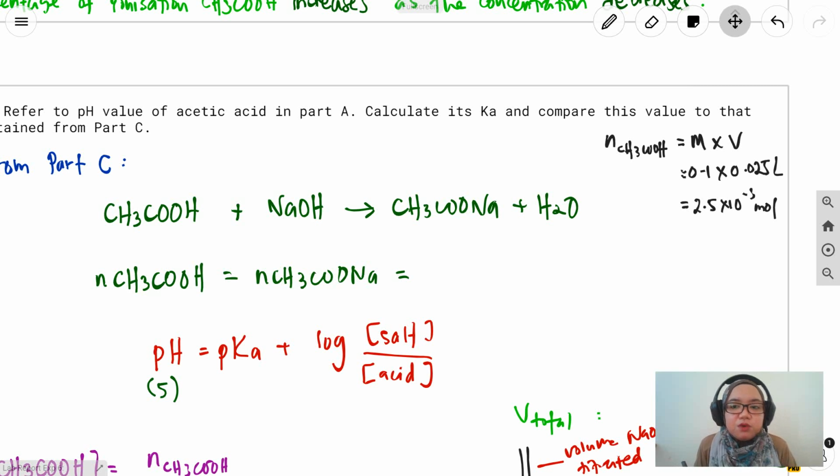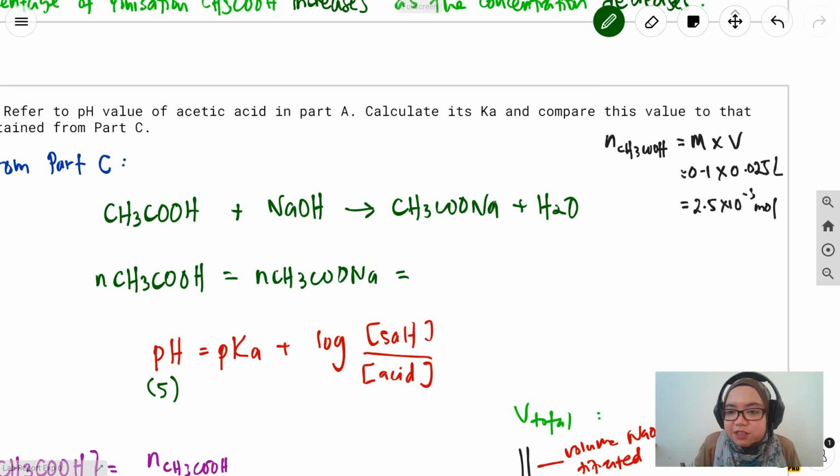It gives you that the molarity of acetic acid used is 0.1 molar and the volume is 25 ml. So you can find the number of mole. We assume that the number of mole of acetic acid is equal to the number of mole of salt, which I calculate here.